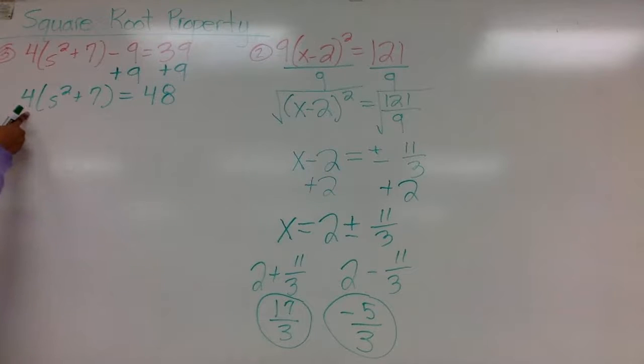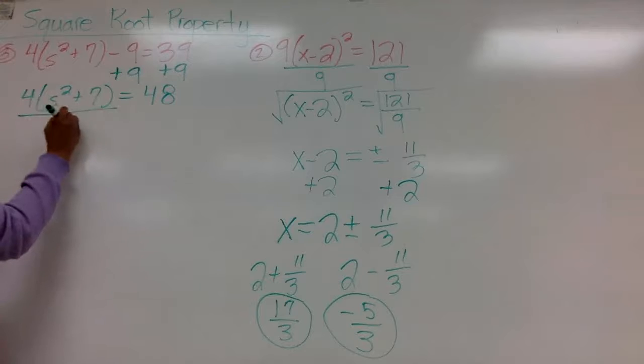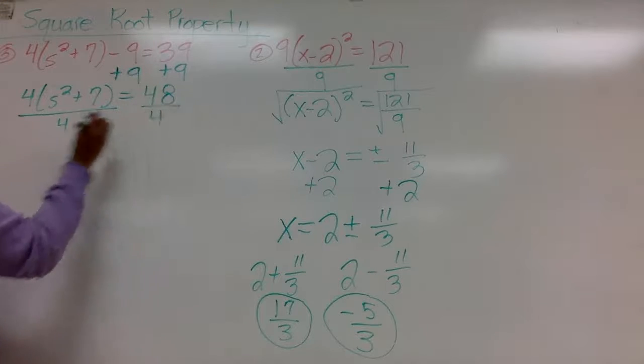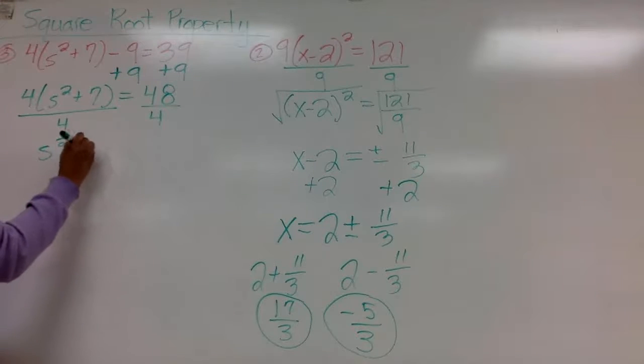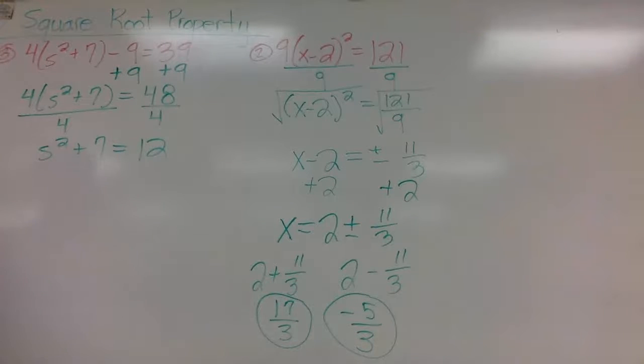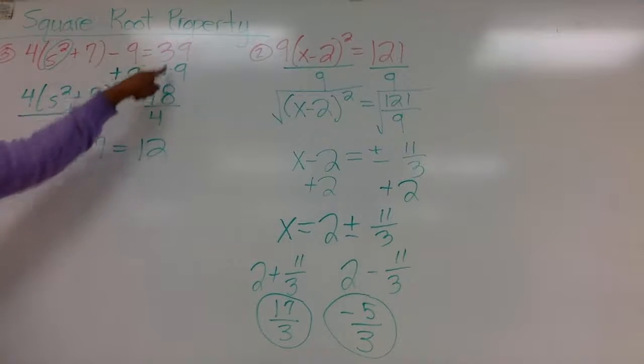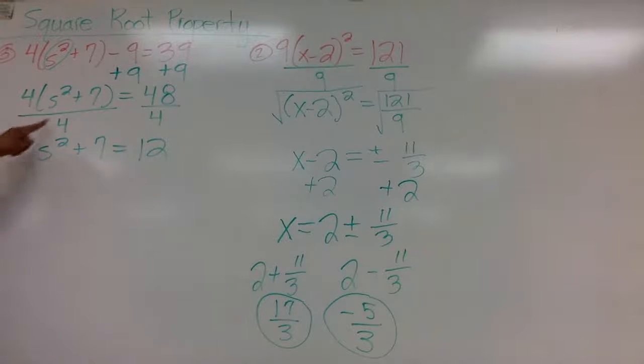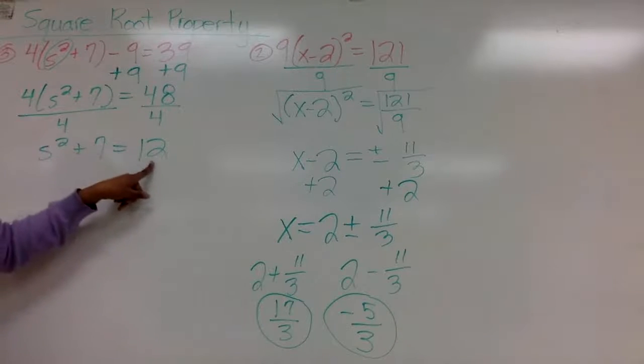The opposite of multiply by 4, we need to divide by 4. So first 2 steps that we did, we need to get this s squared by itself. So I added 9 to both sides. And then the opposite of multiply by 4, we divided by 4. And 48 divided by 4 gave us 12.